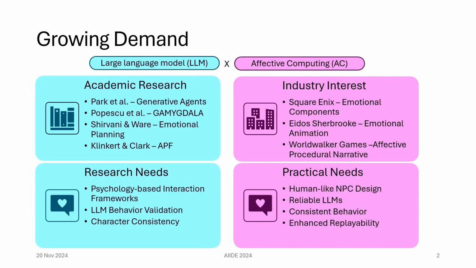So, when I started this research about last year, I was trying to look at the problem of how we improve NPC development and character design to try and represent real human characters. There are two fields that I was able to find: either using large language models or using affective computing.